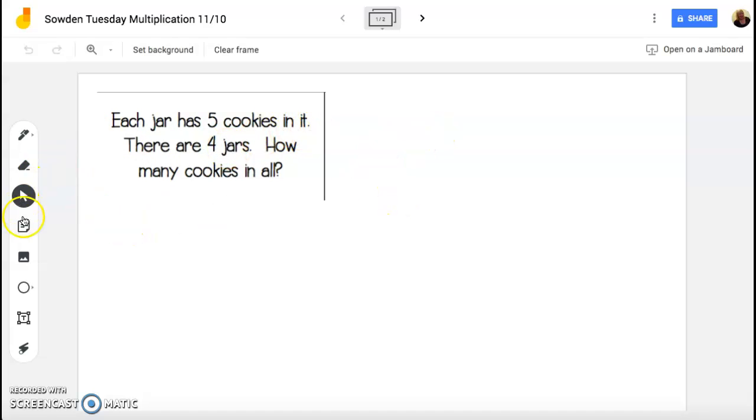So I'm going to draw my 4 jars. There's my 4 jars. And I'm going to make a little thing on the top here.